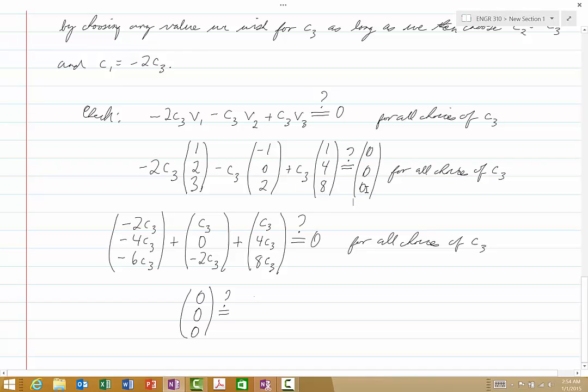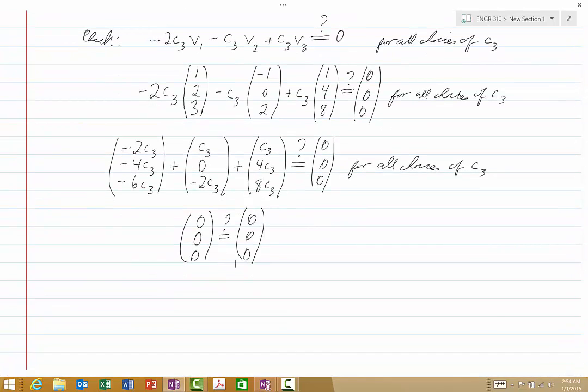So that's 0, 0, 0, and likewise down here, 0, 0, 0. And so sure enough, we are getting the expected answer. And notice that we never had to assume anything about C3 at all. So this is true for all choices of C3.